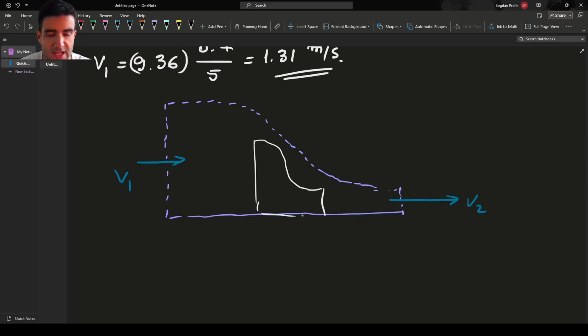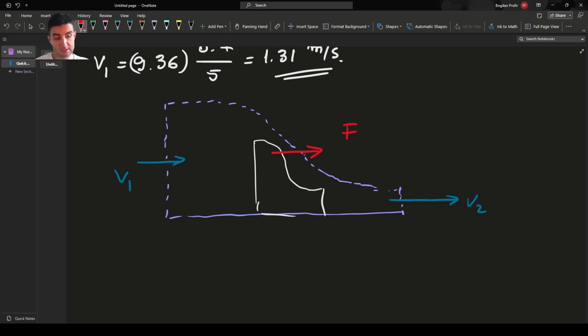And then we've got the spillway being somewhere here, like this. And there's a force acting on the spillway by the water, but you can also flip the logic and say that the spillway is acting with the force on the water. We don't really know much about the force yet, but I'm just going to say that the force on the water is going to be acting in this way, by the spillway.